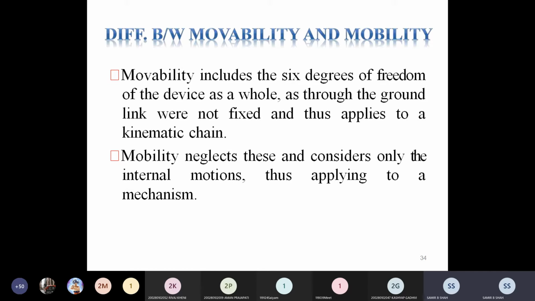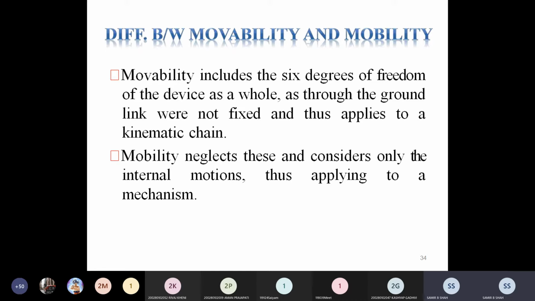The degrees of freedom are fixed at 6 and there is no fixed link. That is called movability. While mobility neglects this condition and considers only the internal motion which applies to the mechanism.